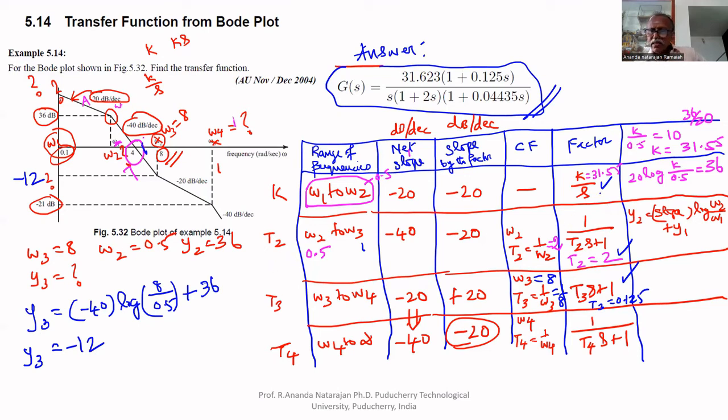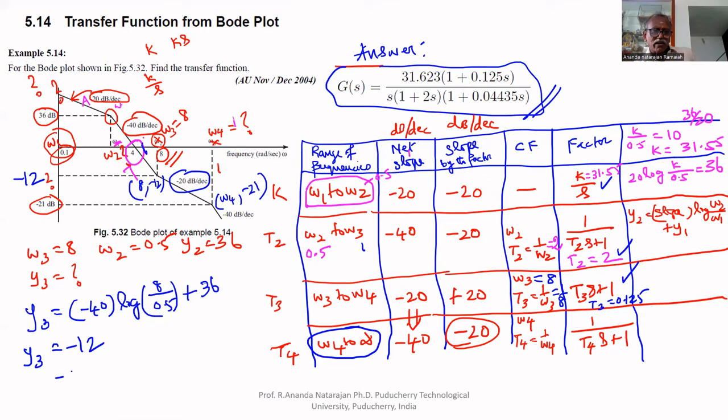Therefore, here we already found this. Now we have to go for this range. Omega 4 we have to find. The slope is minus 20 dB per decade. Here, 8 comma minus 12 is the coordinate. Here, the coordinate is omega 4 comma minus 21. So omega 4 we have to find.